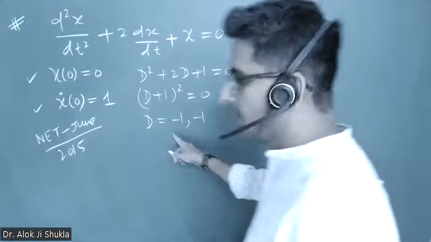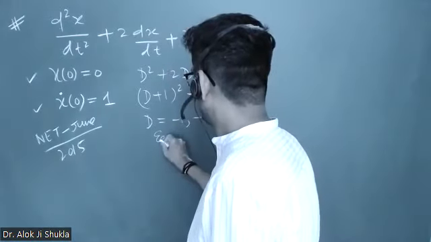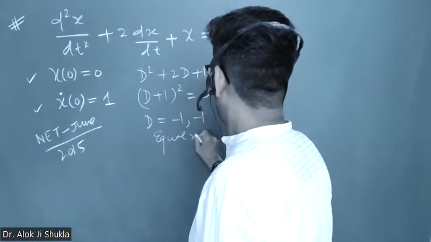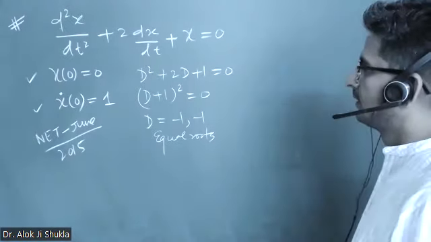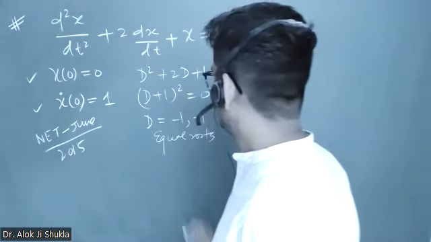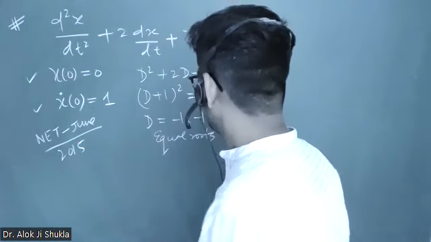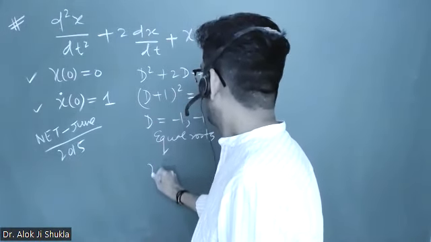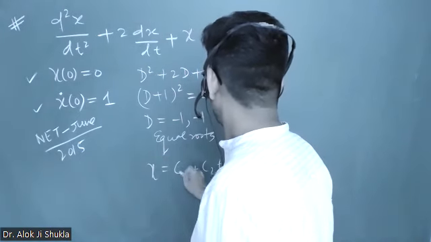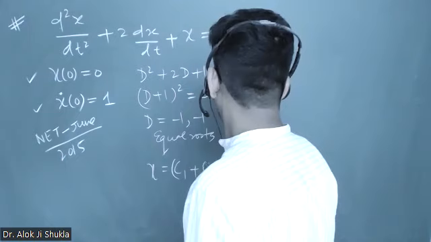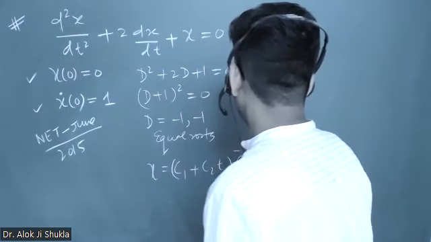So equal roots, remember it has been taught. Equal roots means x is equal to c1 plus c2 t, and e to the power minus t.